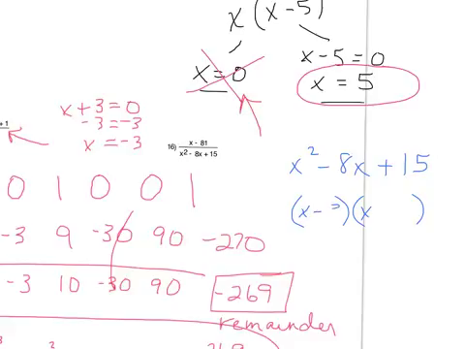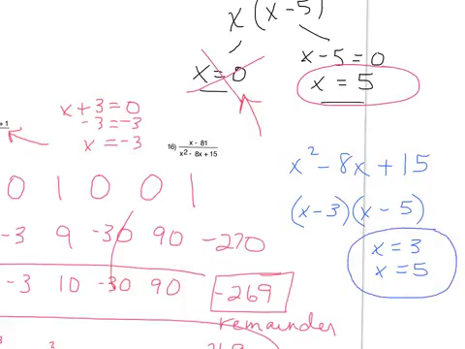So it's negative 3 and negative 5. So if I set each of those equal to 0 and solve them, I get x equals 3 and x equals 5. Neither of those give me a 0 in the numerator, so I have 2 vertical asymptotes for that one.